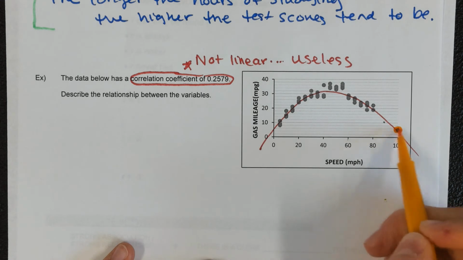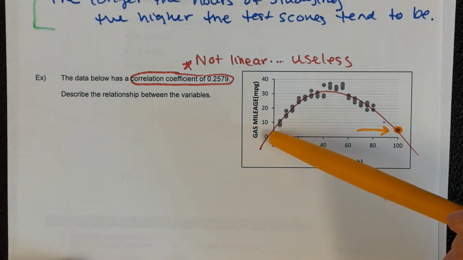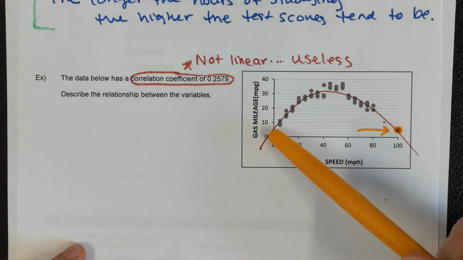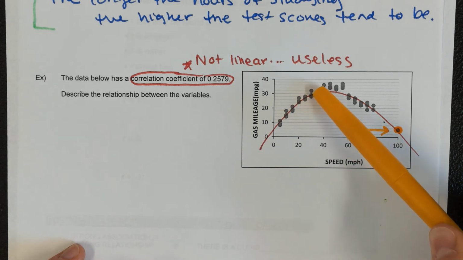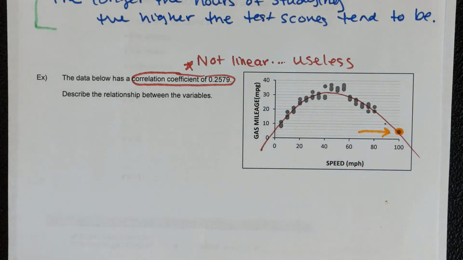And this guy seems to be further out than the rest of them horizontally. So that leads me to think it's a high leverage point. And I also noticed that it's increasing, right? As my speed increases, my gas mileage also increases up to a certain point, and then it decreases. So I'm going to want to mention all these things.